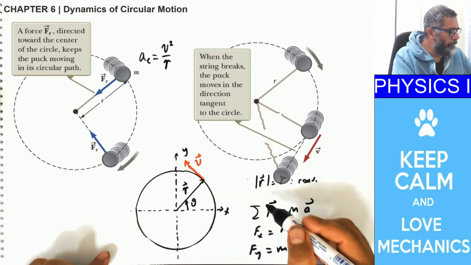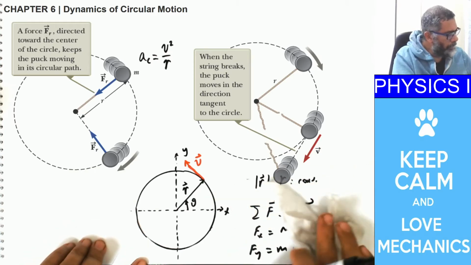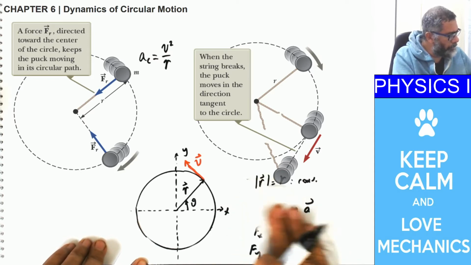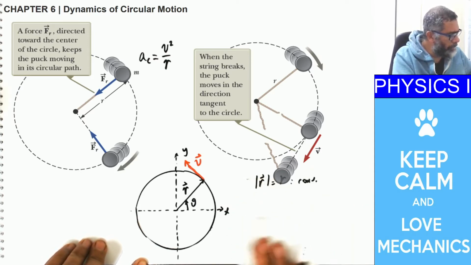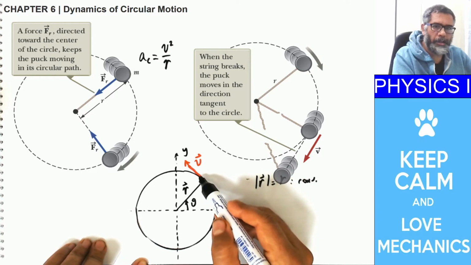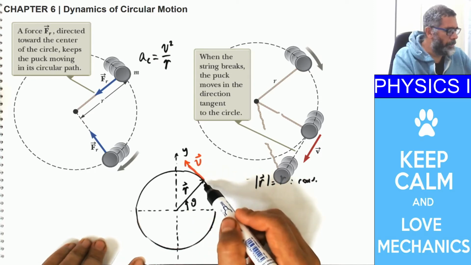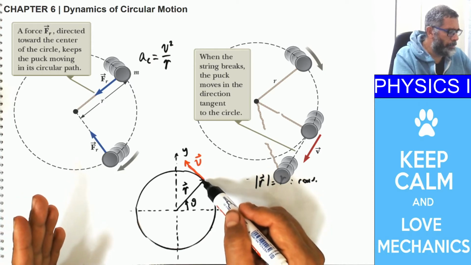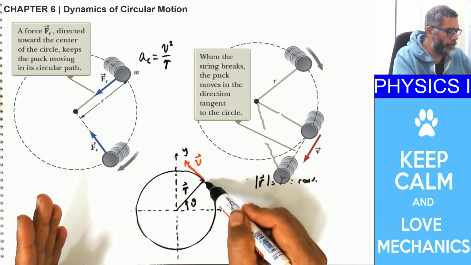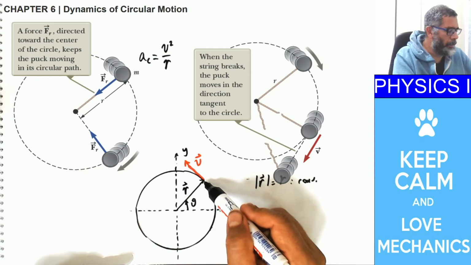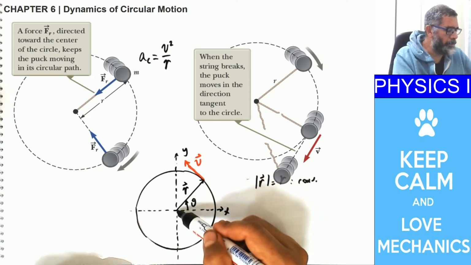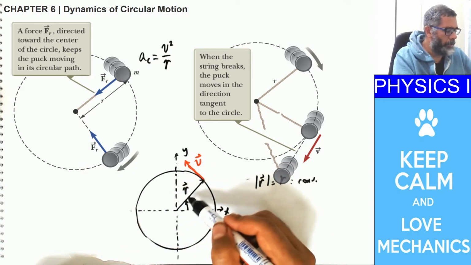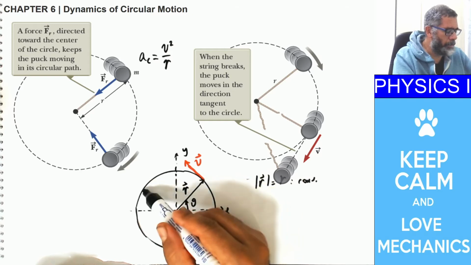And also we know that this is a uniform circular motion, which means it has a constant speed. This velocity vector is, first of all, always going to be perpendicular to the position vector, wherever the object is.